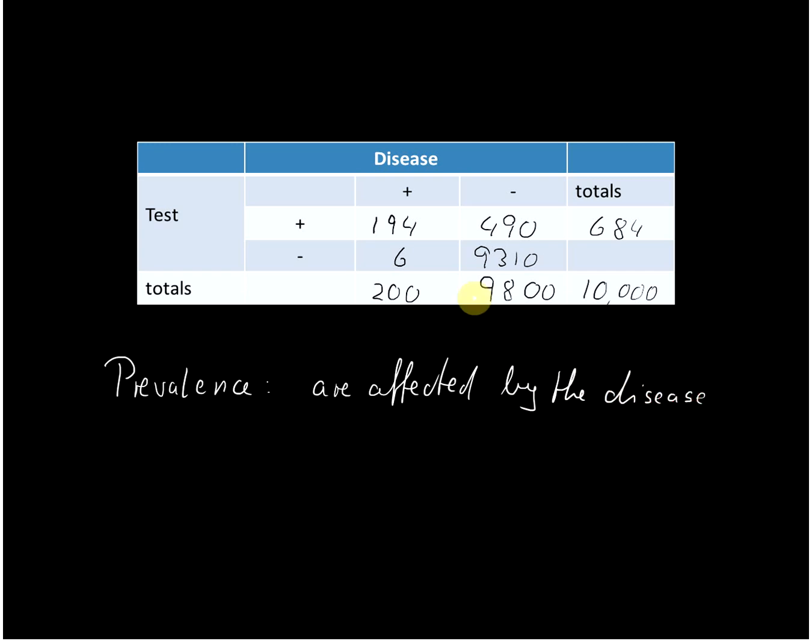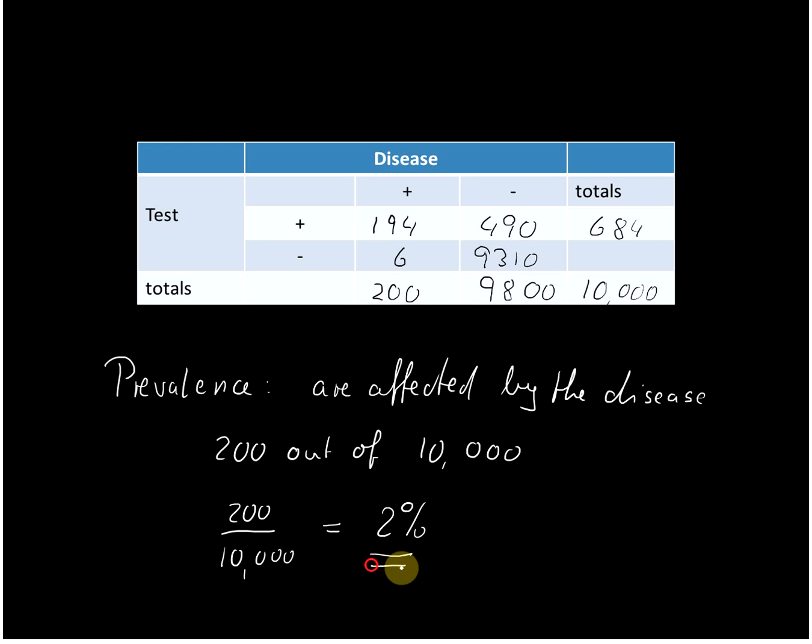So that's quite easy, because we know that 200 people have the disease. So 200 out of a population of 10,000. And therefore our prevalence equals 200 divided by 10,000. And this gives us 2%. So that is our prevalence.